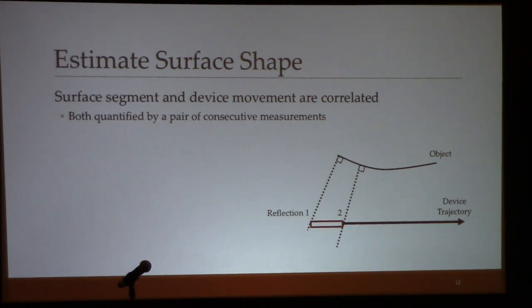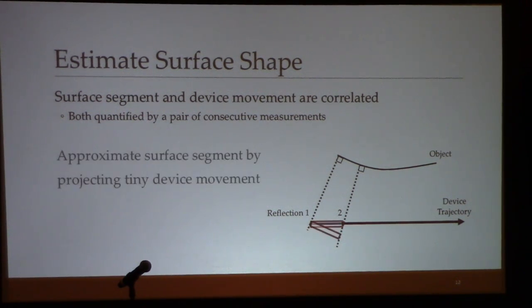We now have a tiny device moving distance between the two measurement locations. It can be a centimeter or even smaller, based on how fast we take the measurement. And recall that the surface segment is also defined by the two center points of the reflections, so they are strongly tied together. Because of this, we can approximate the surface segment by projecting the tiny device movement, like what we've shown right here.